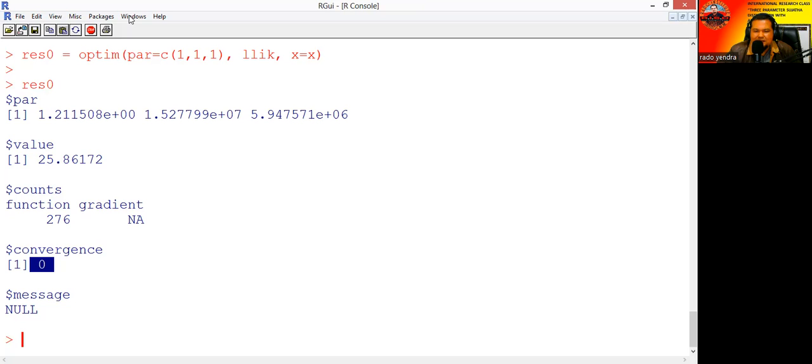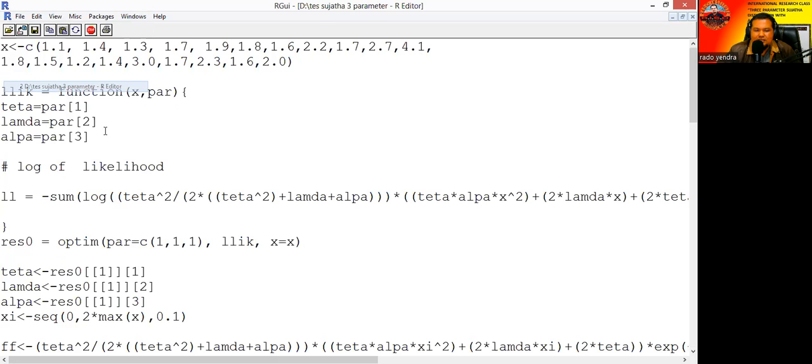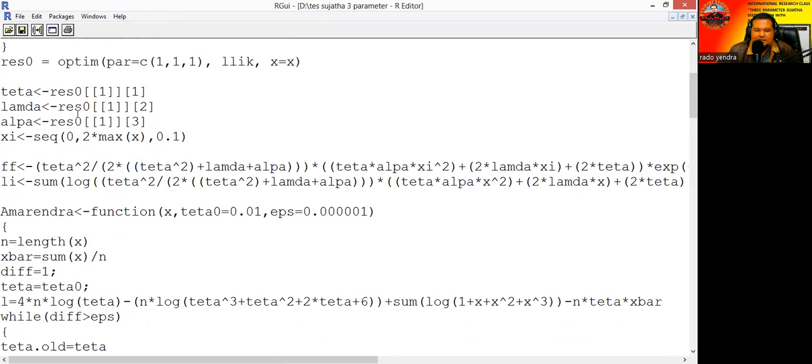Okay, after we can estimate the parameters, we try to take the parameters out one by one with this program. Theta we call res0, 1. You remember the double bracket here and then only one bracket. Okay, lambda uses this program and alpha uses this program.